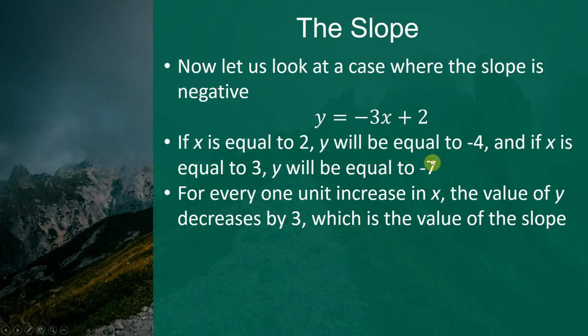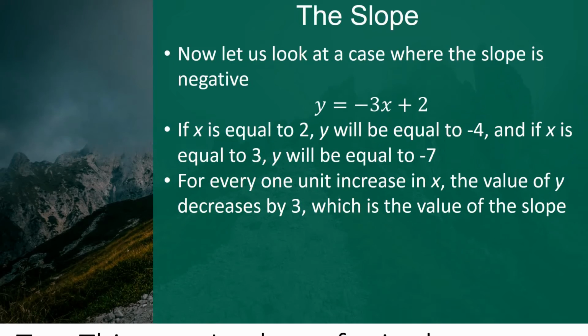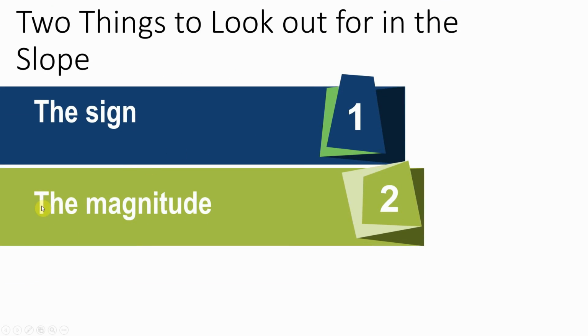It decreased by 3. So the first piece of information that the slope gives us is in what direction will y change. So basically, when the slope is positive, we know that increasing values of x will result in increasing values of y. If the slope is negative, then we know that increasing values of x will result in decreasing values of y.